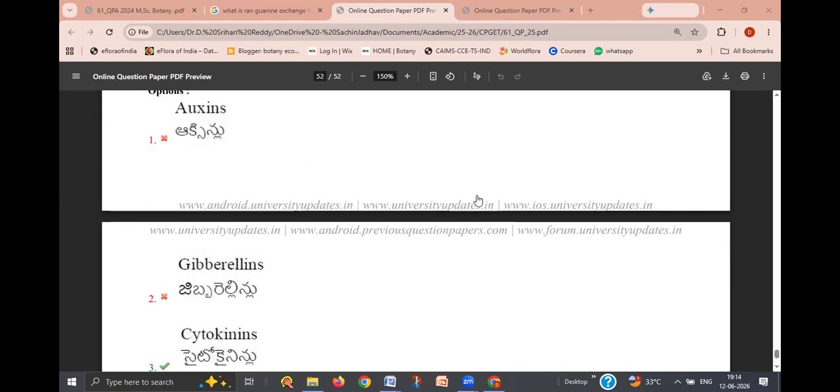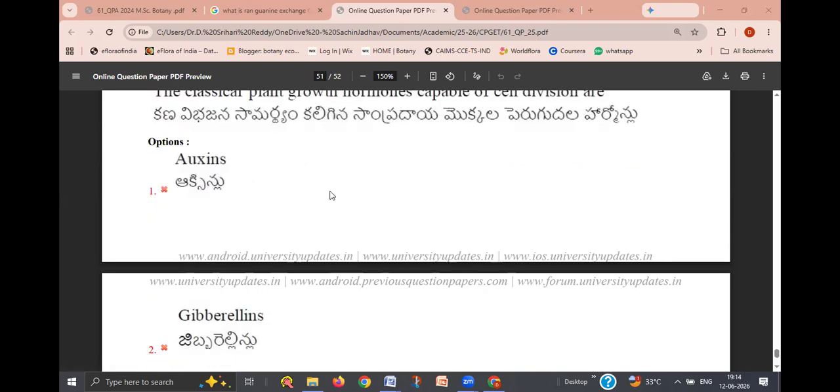Auxins we know: apical dominance. That means due to the presence of auxins, growth always occurs through the apical bud, and the plants grow continuously.